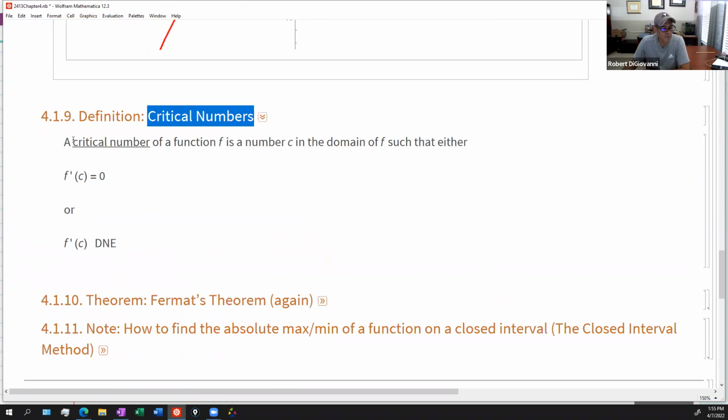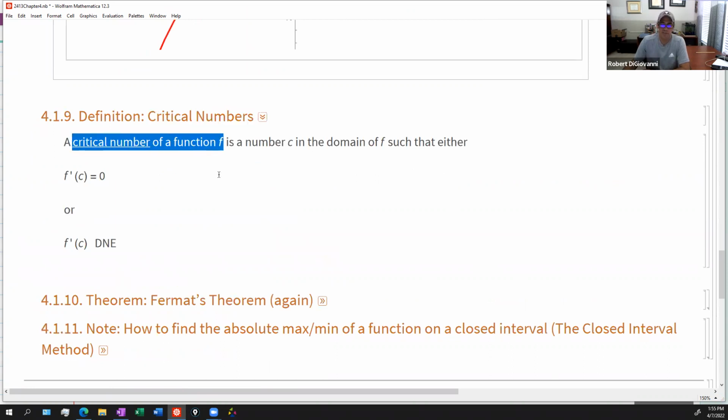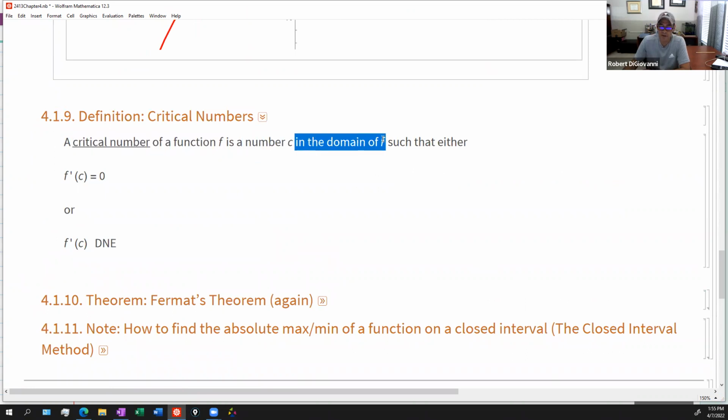A critical number of a function is some number c in the domain of the function such that one of these two things is true. A critical number is some number that is in the domain of the original function, which means you're allowed to plug it into the function.